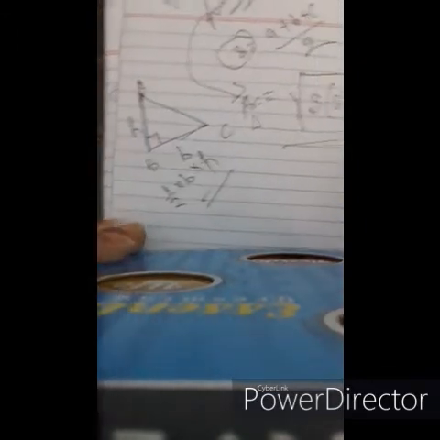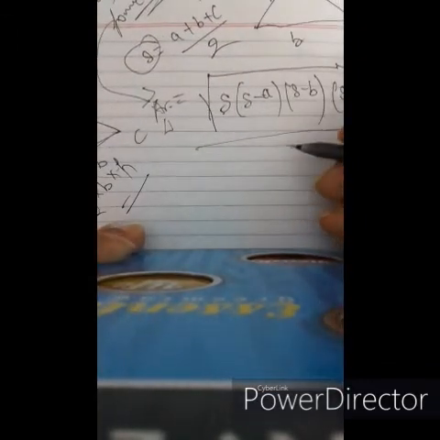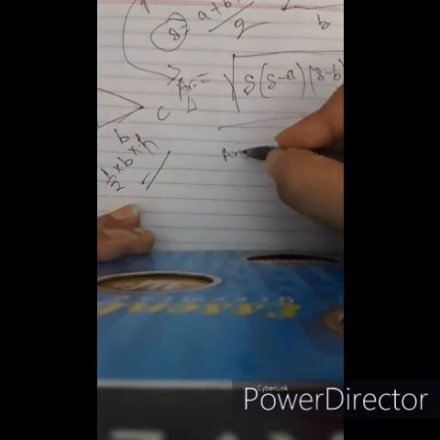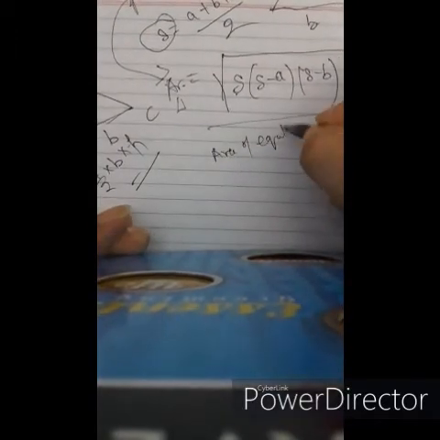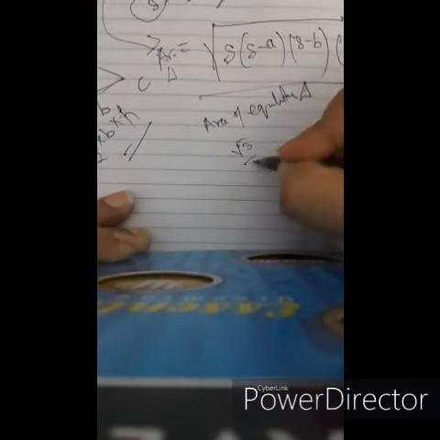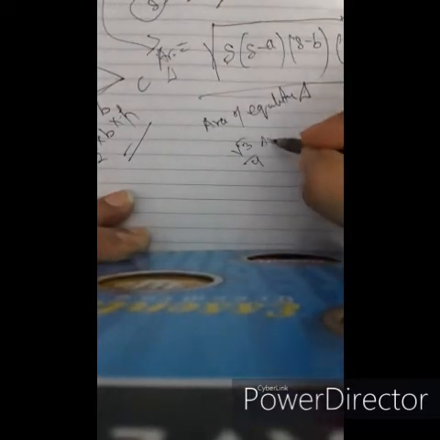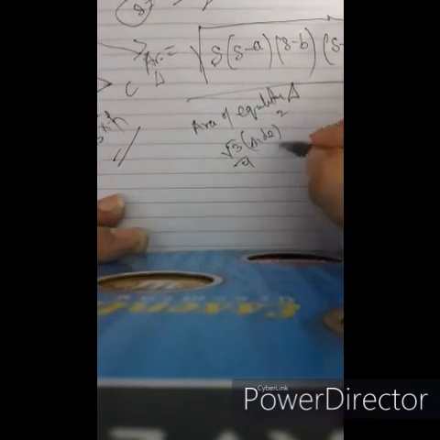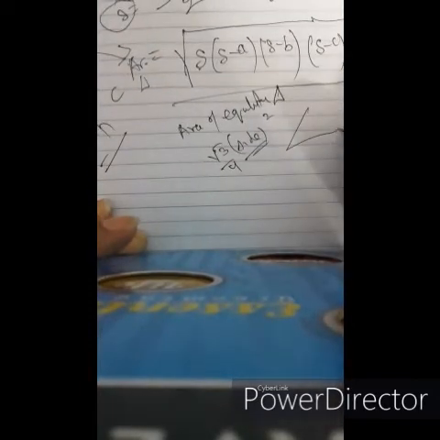Area of equilateral triangle is given by root 3 by 4 into side square. All the sides of an equilateral triangle are the same, that is a.